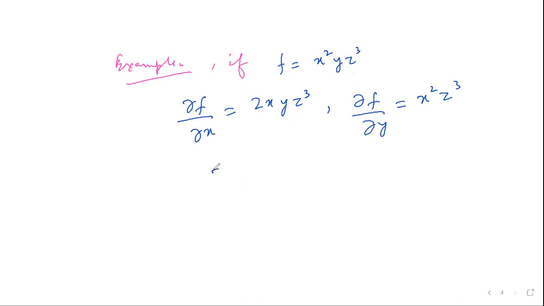What about dou f by dou z? x square y will remain. Z cube has differentiation with respect to z, 3 z square. So it is 3 z square x square y. Right? I hope this will help you.